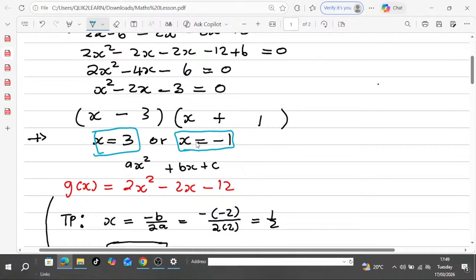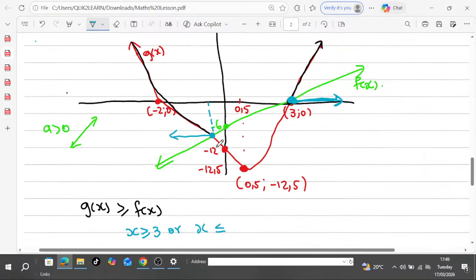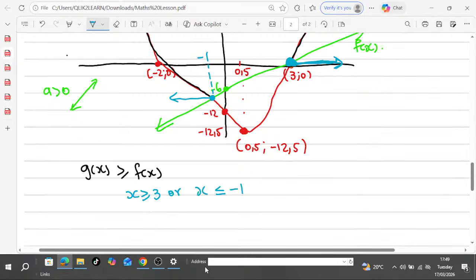So x is equal to 3 and x is equal to -1. Already we know this one is a point of intersection, and another point of intersection is at -1. So x must be less than or equal to -1. I hope everyone is happy with that. Now this makes sense. So this is how you answer from the graph.